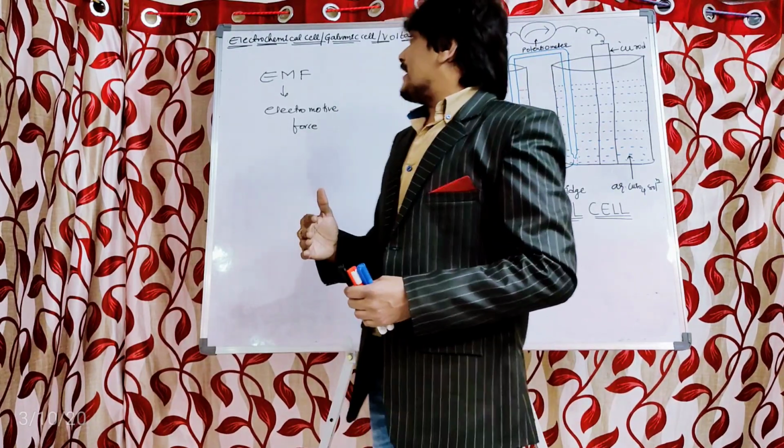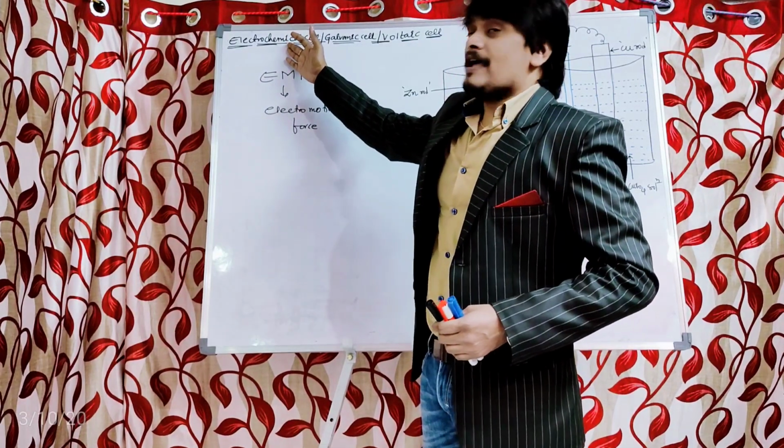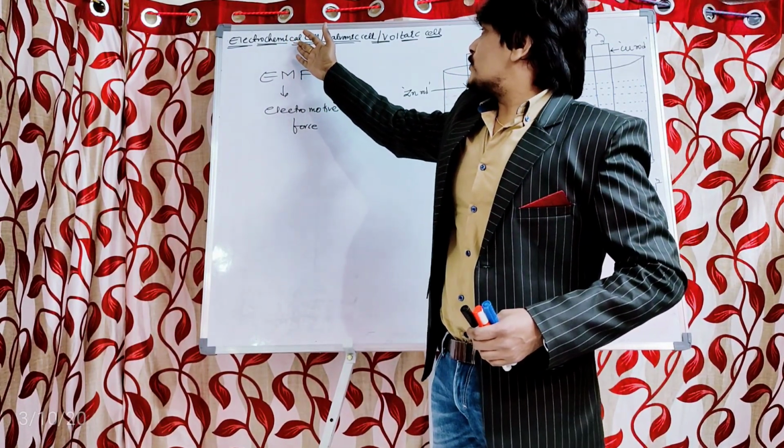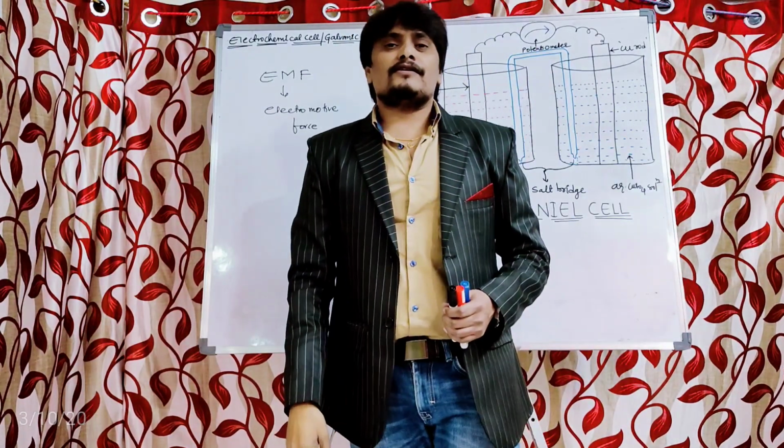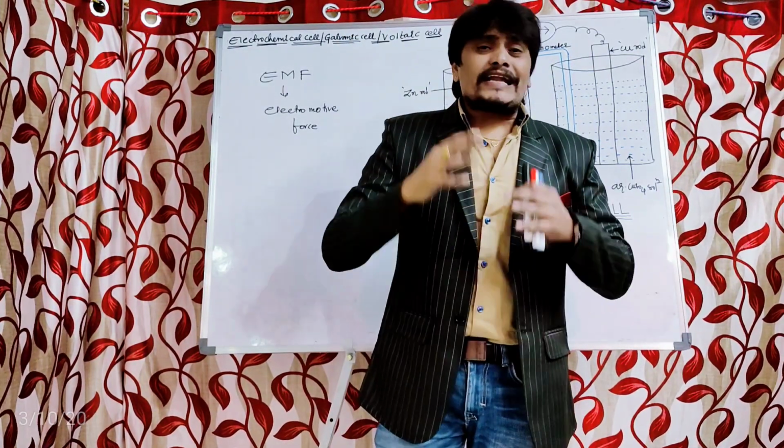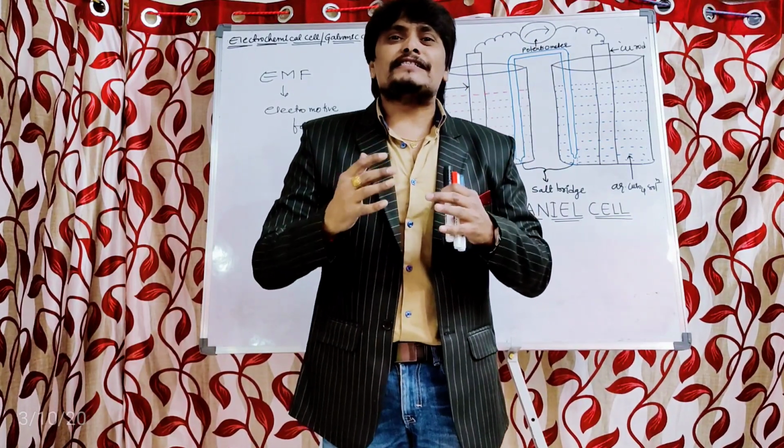Our actual topic is the electrochemical cell, which is also called the galvanic cell or the voltaic cell. Now let us see what exactly the electrochemical cell is.